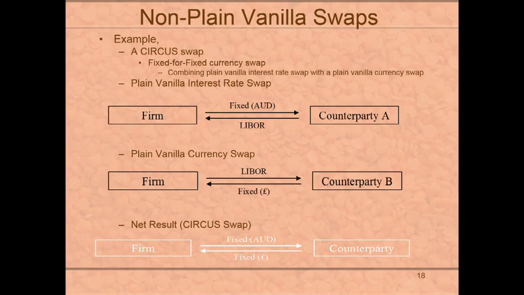And you enter into another swap arrangement with a different party in which you pay LIBOR and you receive pounds. In effect, the LIBOR and the LIBOR cancel out. What you're left with is that you pay fixed and you receive fixed, but in different currencies. So effectively, you've converted it into a currency swap.